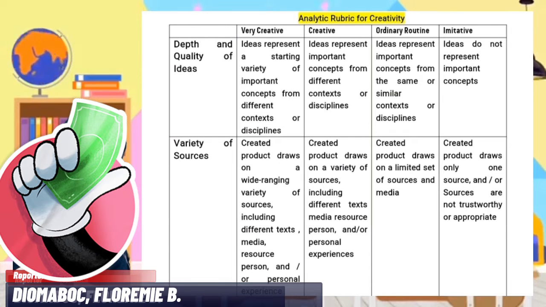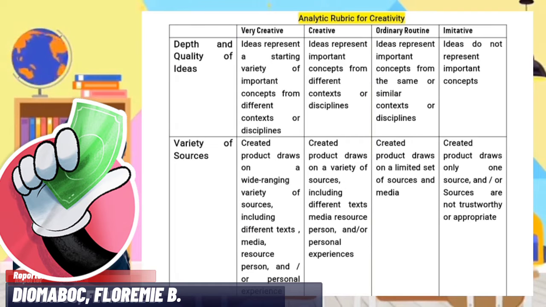So the next is variety of sources. In very creative, a created product draws in a wide-ranging variety of sources, including different texts, media, resources, persons, and or personal experience. In creative, a product draws in a variety of sources, including different texts, media, resources, persons, and or personal experience.